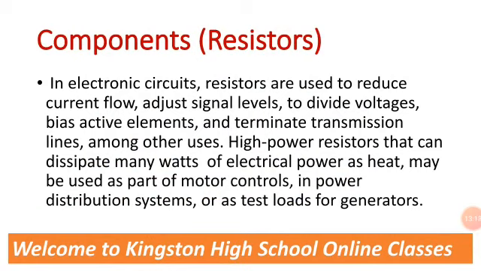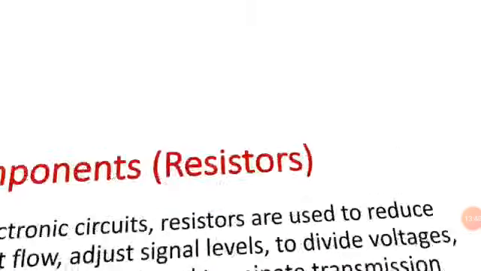I have mentioned about four uses of a resistor here: reduce current flow, adjust signal levels, divide voltage, bias active elements, terminate transmission lines, and many other ones. High power resistors can dissipate many watts of electric power as heat. They may be used as part of motor control in power distribution systems, or as test loads for generators.